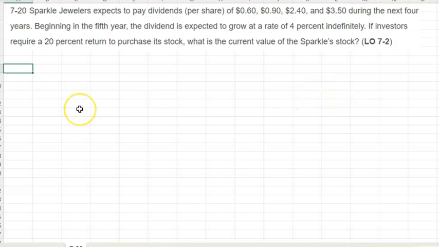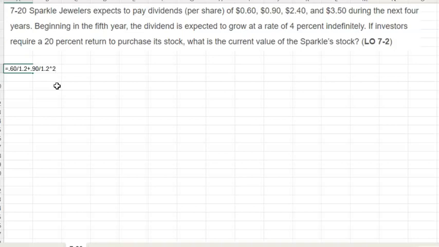Anyway, in Excel, you would literally just type it in the way you see it: 0.60, and you could enter the dividends and do it that way as well. So 0.60 divided by 1 plus the rate, 1.2, plus 90 cents divided by 1.2 squared, you need a caret.